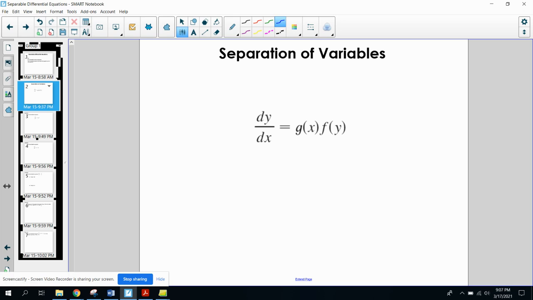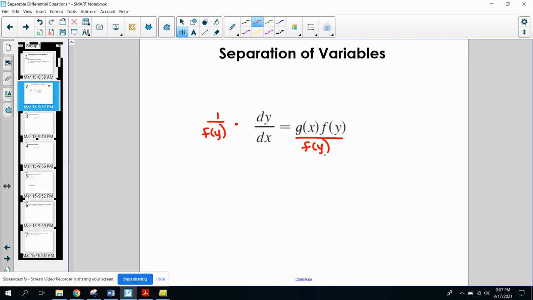So my goal is to get the f of y and the dy on the same side and the g of x and the dx on the same side. So I would have to divide by f of y. Remember, when I divide by f of y, it's the same thing as multiplying by 1 over f of y.